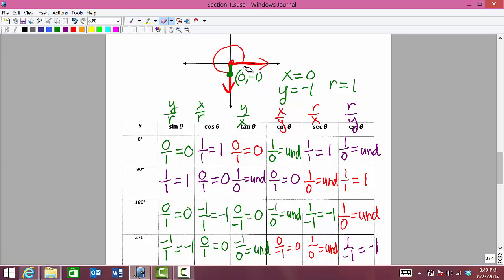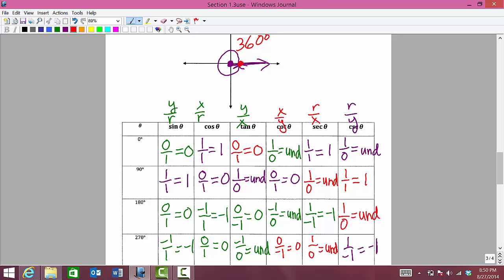Now, why haven't I done 360 degrees? Well, 360 degrees is coterminal to 0 degrees. We talked about coterminal angles. So 0 degrees would be no rotation, 360 degrees would be going all the way around one complete rotation. If I was to find the 6 trig functions for 360 degrees, notice we said 360 degrees and 0 degrees were coterminal.